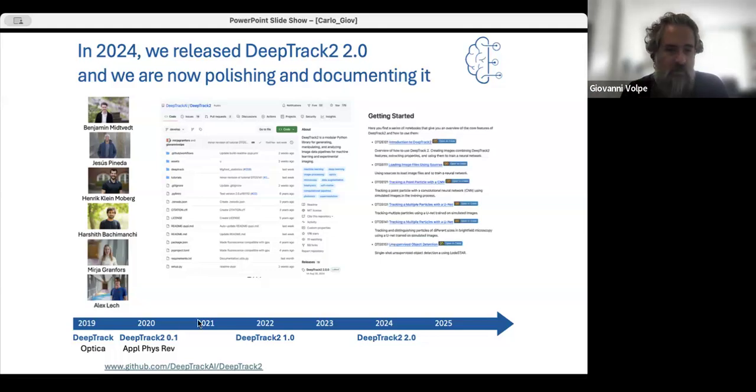It is available on GitHub as DeepTrack AI DeepTrack 2, and it's also pip installable with pip install deeptrack. All the material is available on GitHub and fully documented. We are working very actively to improve the documentation and the code, so it's something that anyone interested in microscopy can use. It's also open source, obviously.